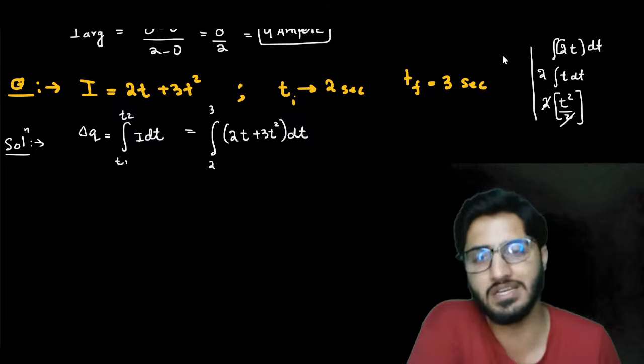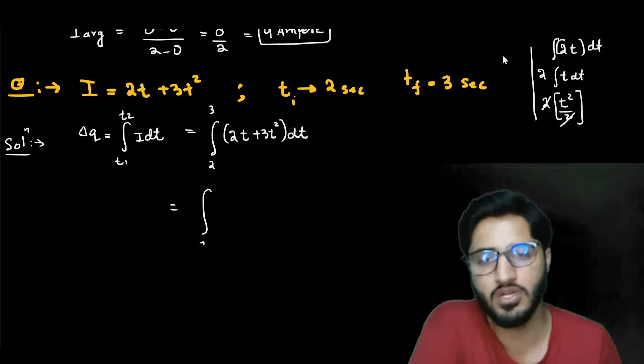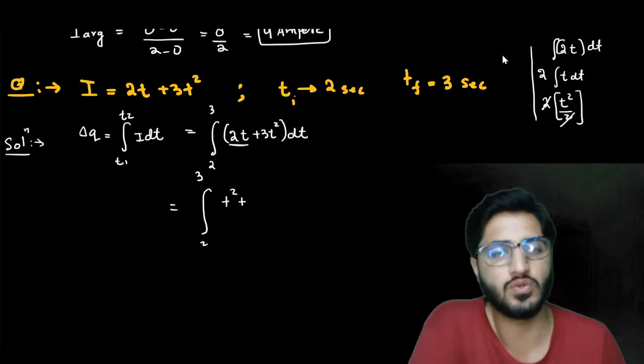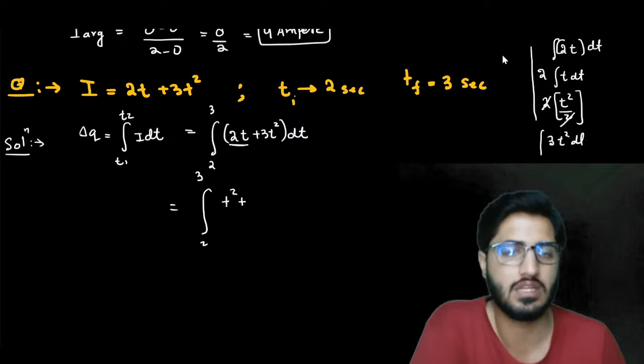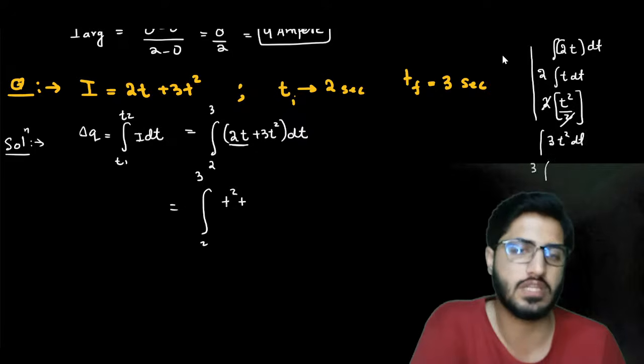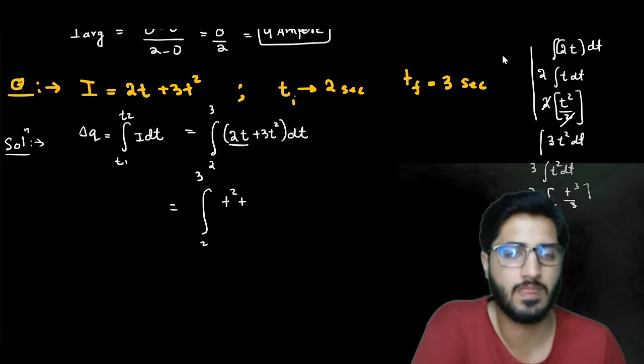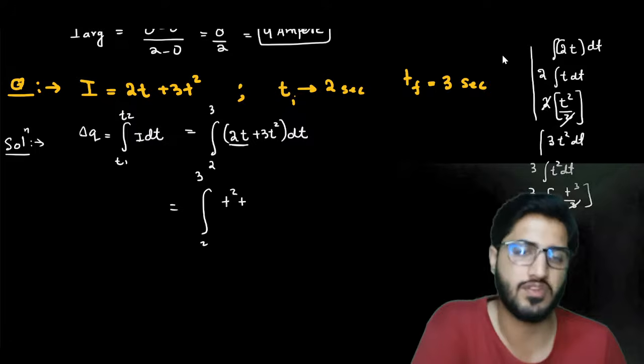So the integration from 2 to 3 of 2t is t square, plus, now for 3t square: 3 I will take outside, integration of t square dt is t cube by 3. The 3 cancels out, so it is t cube only. So I will write t cube.